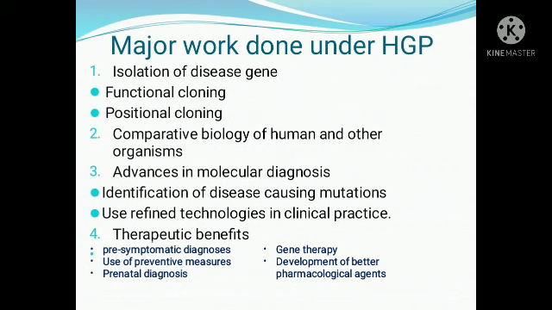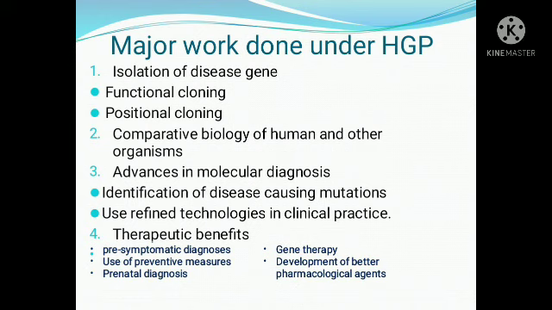So HGP works in two major ways for molecular diagnosis: identifying the diseased gene, the gene that is causing the disease, and refining and identifying more technologies so that we will be able to identify more and more problems and even treat them. That is the therapeutic benefit. Pre-symptomatic diagnosis: before the symptoms, we can identify.